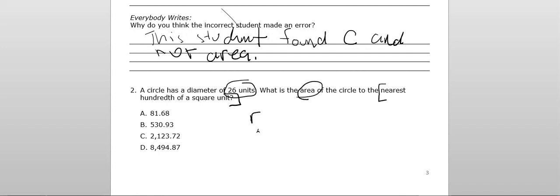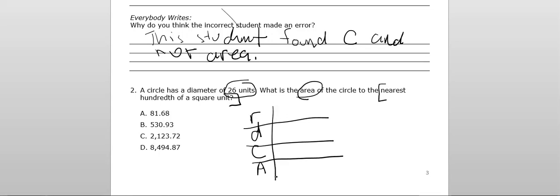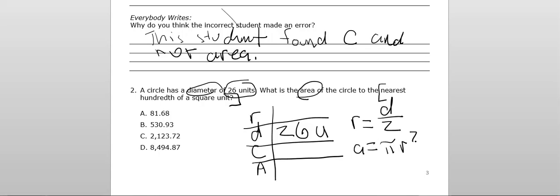So I'm going to write R, D, C, and A. Yes, I'm doing extra, but if I do it with every circle I encounter, I'm never going to be wrong. My diameter is 26 units. I also know that my radius is equal to diameter divided by 2, and that area is equal to pi r squared.